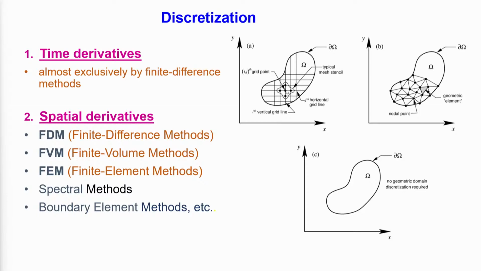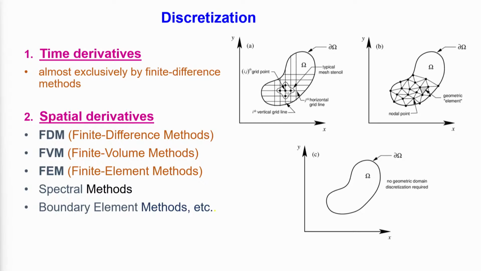So, here is a schematic view of what we mean by this. You have a continuous domain, and you break it into some subdomains with some geometric elements. The bottom picture is the continuous domain, without any discretization. What you see at the top is discretized elements, or you may not have discretized elements, but you have some stencil of horizontal and vertical lines, and wherever they intersect is the node point or a grid point.